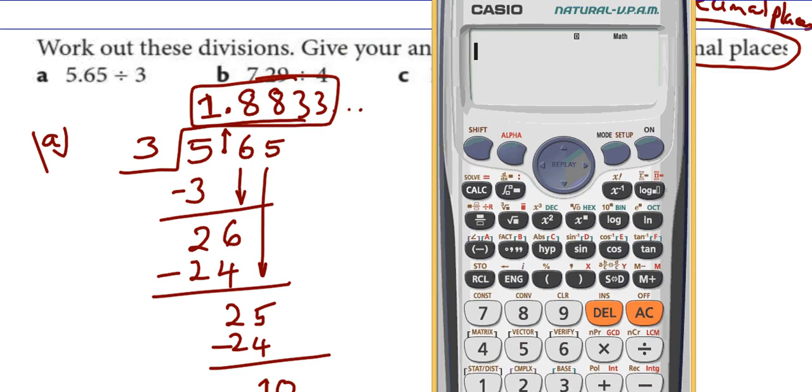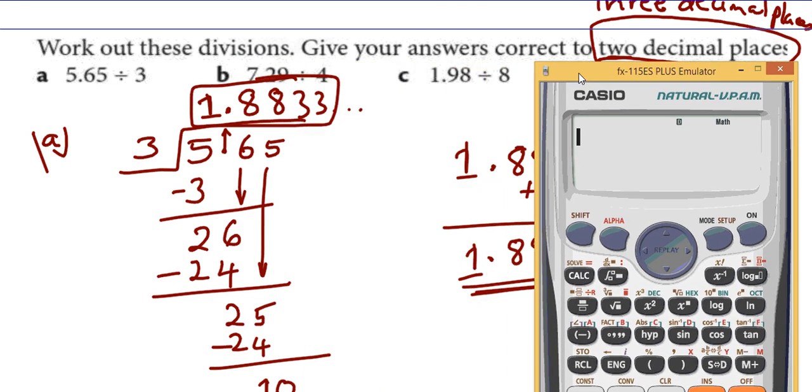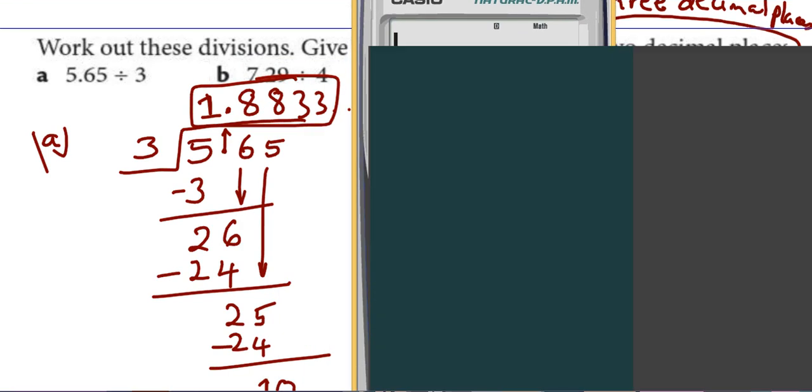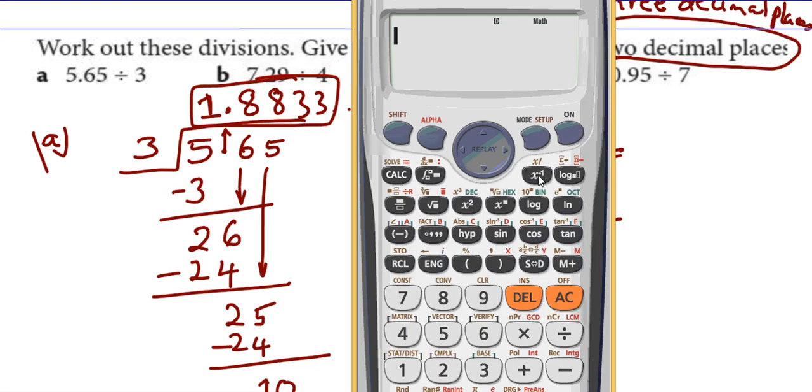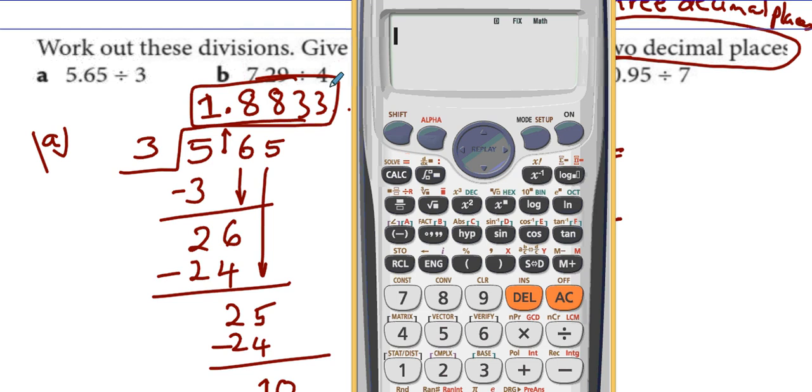Since the question asks for 2 decimal places, we are going to keep this calculator fixed to 2 decimal places. So you first fix your calculator, and set 2 decimal places, so the calculator is ready to go.